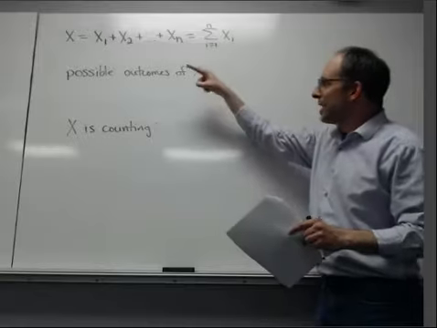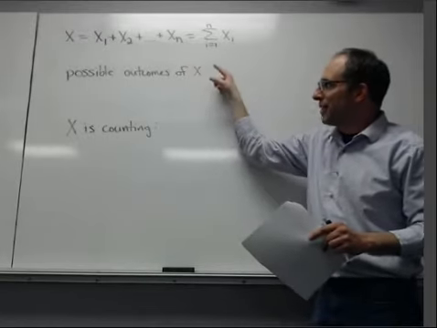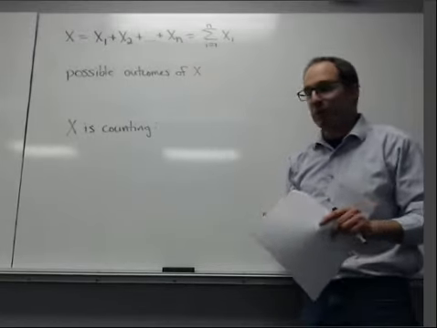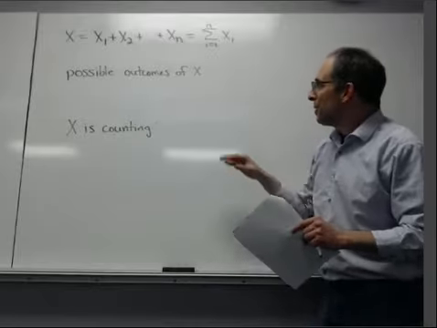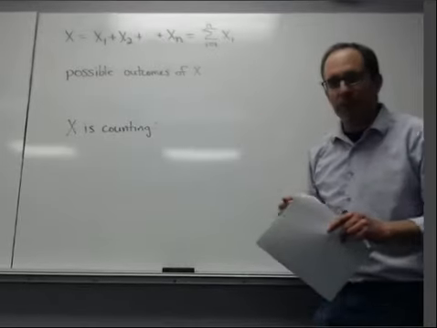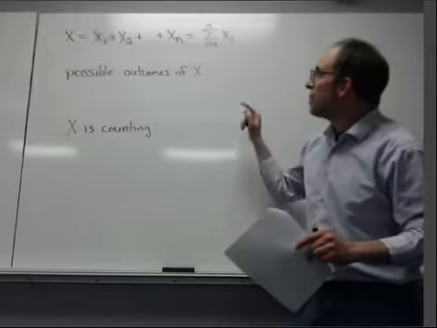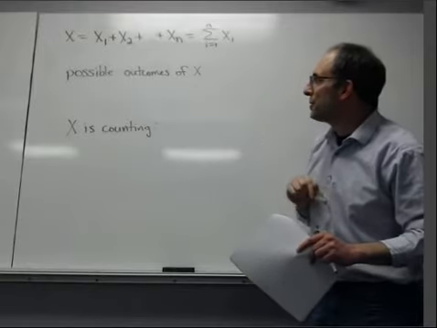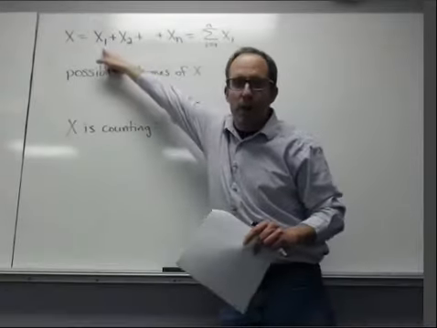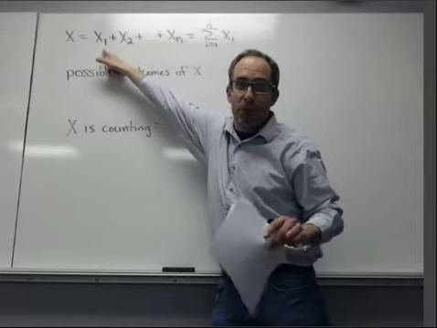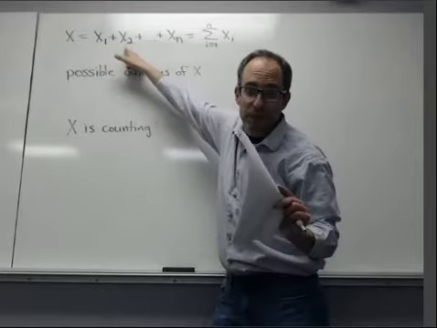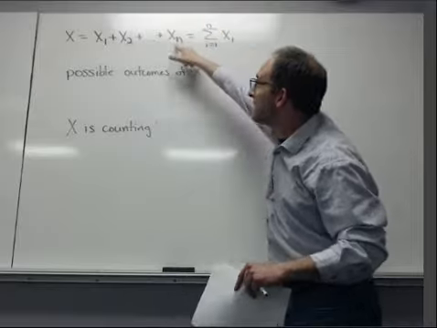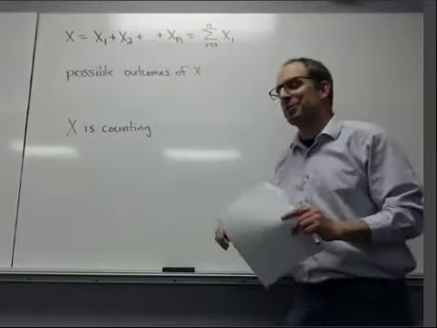All right, so we've got x up there that's binomial, and it's defined as being the sum of all those Bernoulli random variables. Okay, well then if we want to get the possible outcomes of x, think about it this way. For each of those Bernoulli variables up there, like for x1, the possible values are 0 and 1. For x2, possible values are 0 and 1. For xn, possible values are 0 and 1.